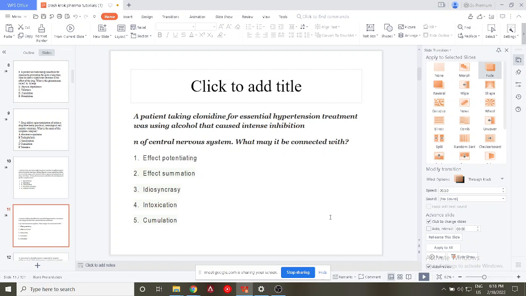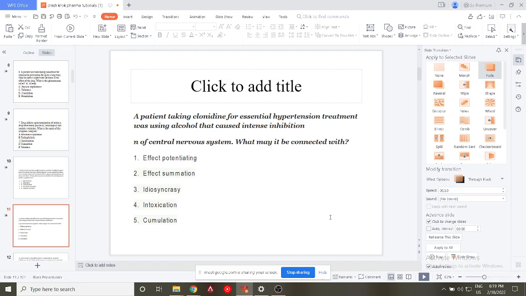A patient taking clonidine for essential hypertension treatment used alcohol that caused intense inhibition of the central nervous system. What may it be connected with? Is it idiosyncrasy? Oh, no, try again. Intoxication?